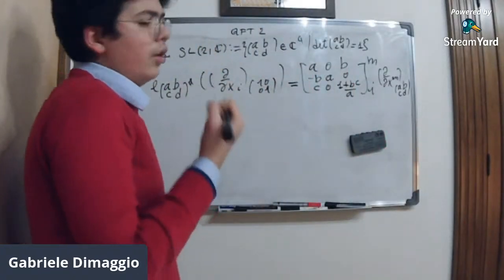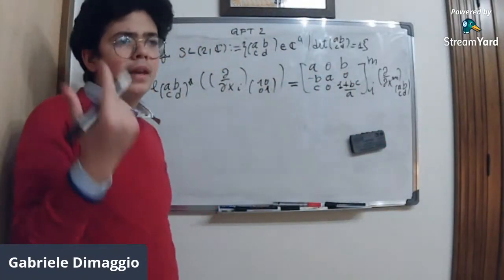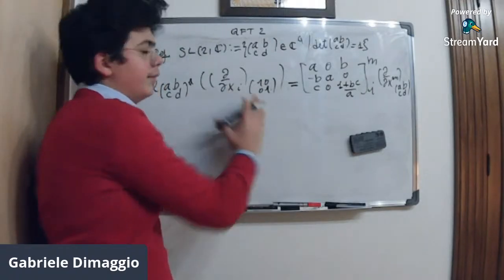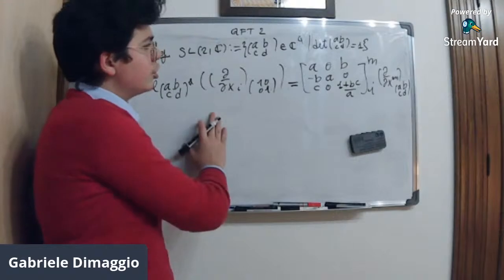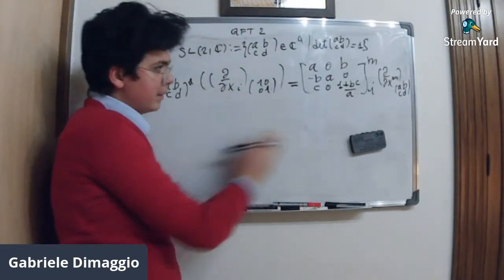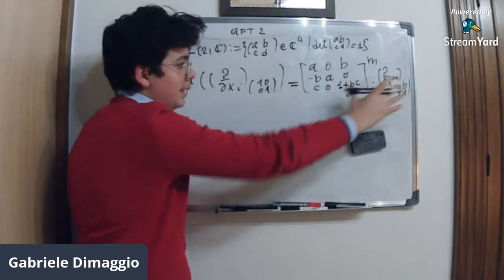But I can show this. If I calculate the action of a map of this kind on some vector, by the definition of this dual map, I have this. What does it mean? An example, okay?